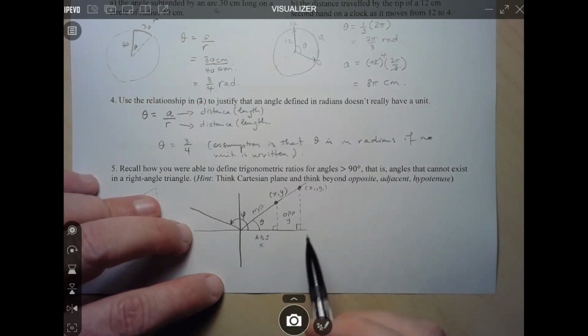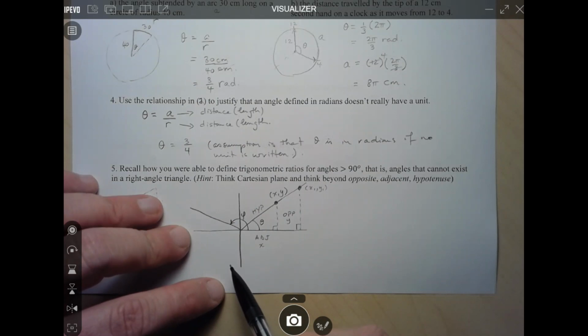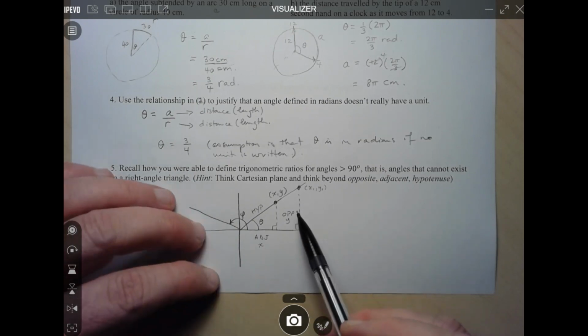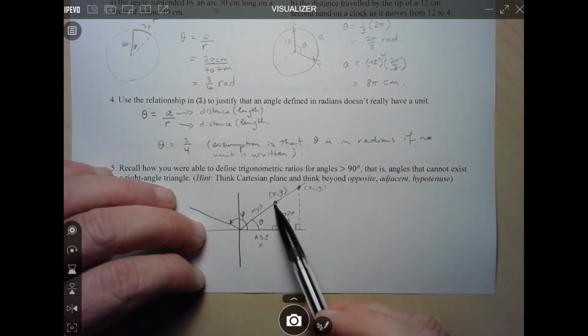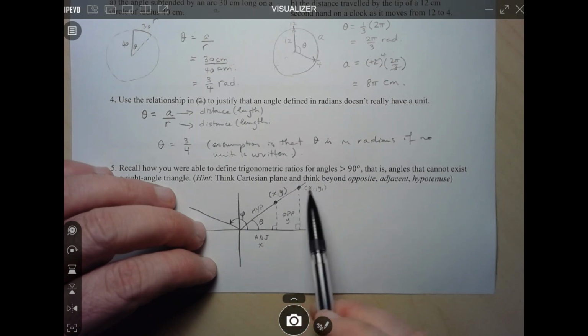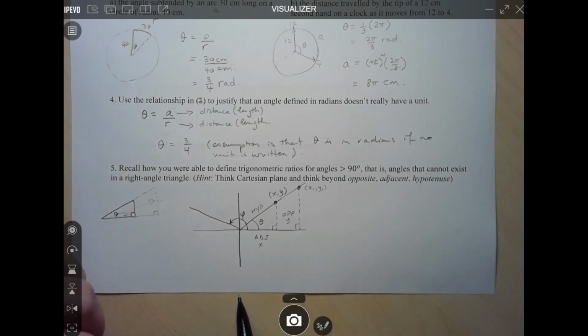And of course we know, as we talked about earlier, the whole reason why these ratios of sides are workable is that it doesn't matter whether I take this smaller triangle or this larger triangle, the ratio of the side lengths is the same. So whether I'm working with (x, y) or (x1, y1), I get the same ratios.